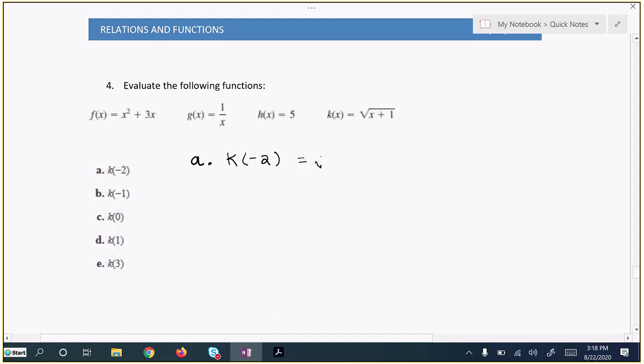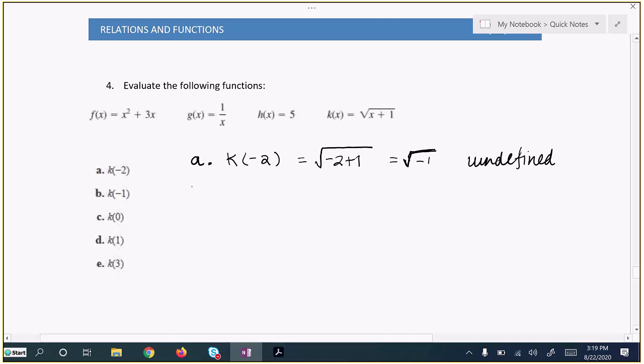So that's going to be square root of -2 plus 1. And I can simplify under the square root. So it's square root of -1. And we don't know how to take the square root of a negative, at least not yet. We might learn a little later in this class. So we're going to say this is undefined.